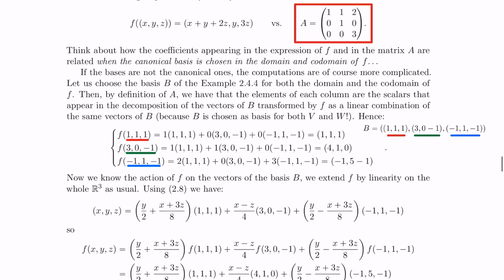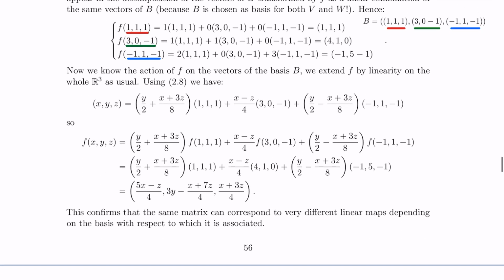Then you apply f to both sides of this equality here, and you use the linearity of f, and so you end up with this expression. Finally, you replace these vectors here by the vectors that you have already explicitly found here. You perform the computation and you arrive to the explicit expression of the linear map F.